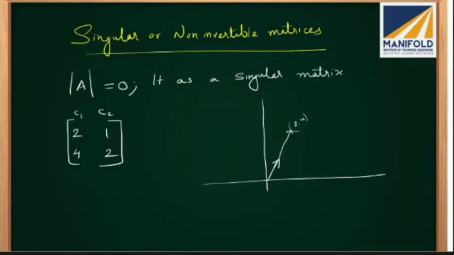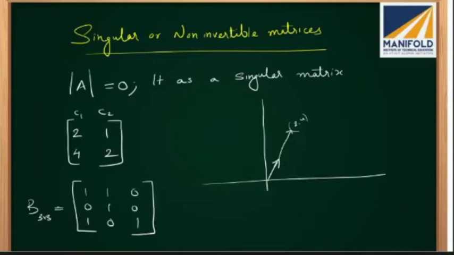Now, if you consider a three-dimensional vector space, for example, I have a 3x3 matrix. Let us say B is a 3x3 matrix: 1, 0, 1, 1, 1, 0, and 0, 0, 1. It's a simple matrix.